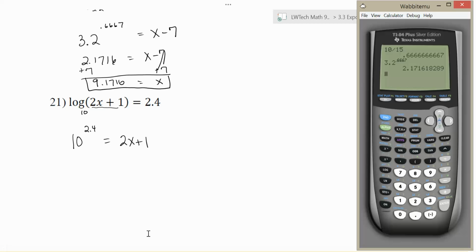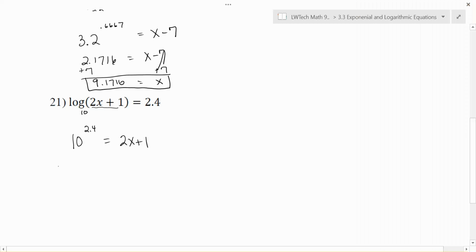We can find 10 to the 2.4 power here on the calculator. 10 to the 2.4 power is 251.1886, equals 2x plus 1. And now notice that the x is not trapped in anything.